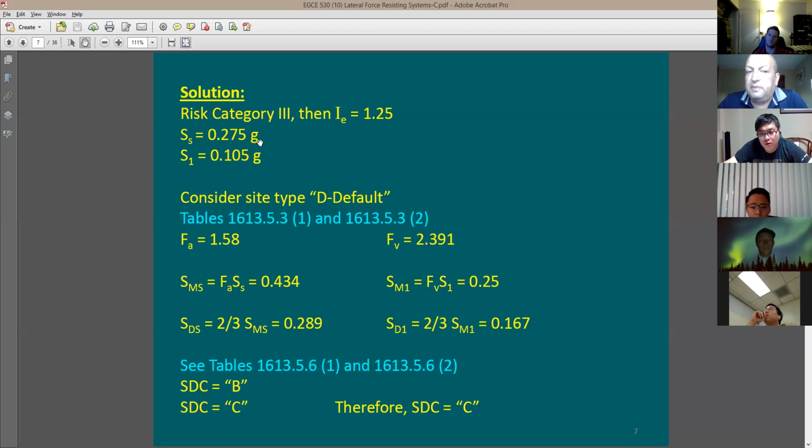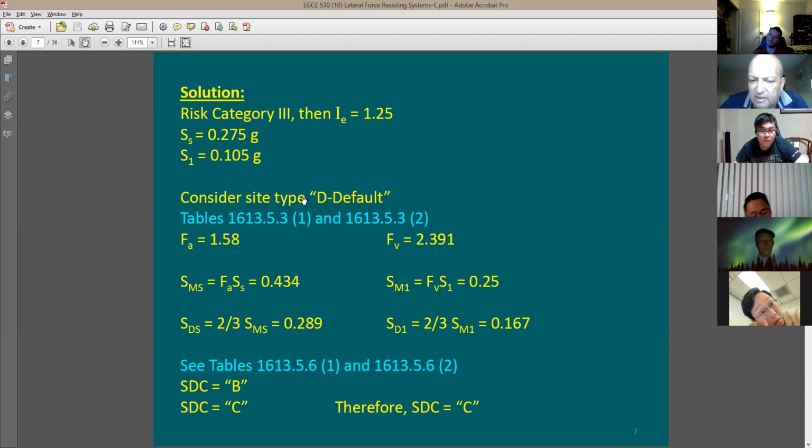So once you take these two factors, you go to the tables, and in this case, it was treated as site class D, not D default. I was able here to find out FA and FV from the two tables. Now for SMS and SM1, what you need to do is just take FA multiplied by SS for the short period, and FV for the velocity multiplied by S1, the 1 second period. And for the final design value, you're going to take these two values, SMS and SM1, multiplied by 2/3.